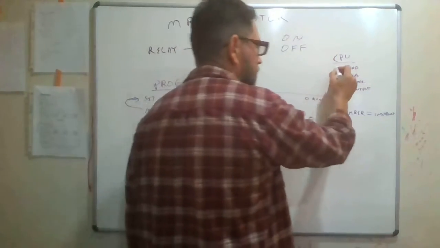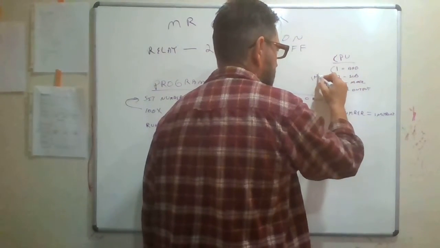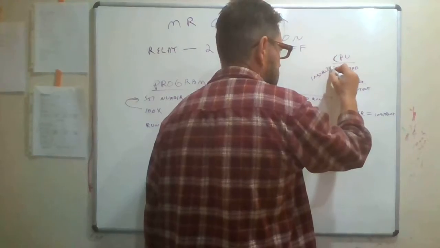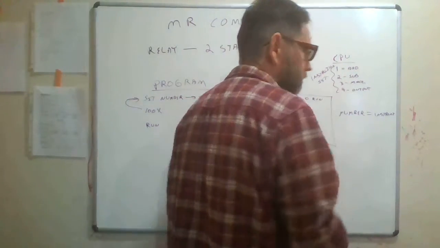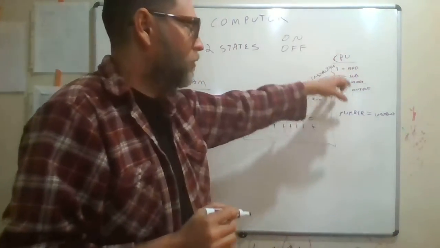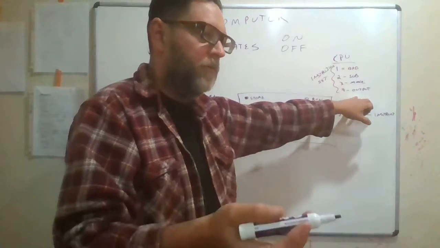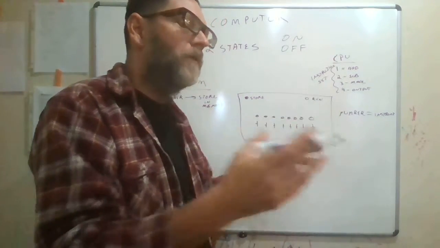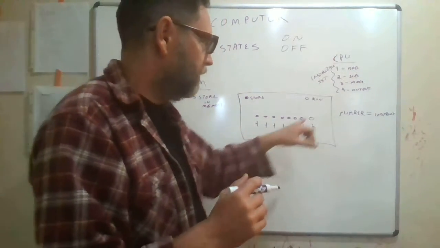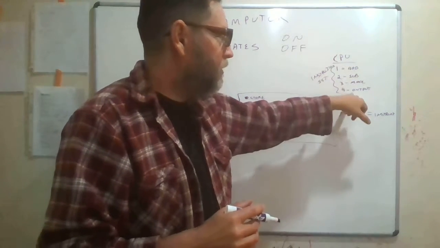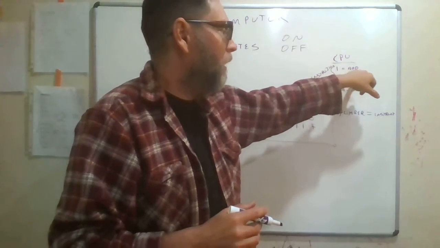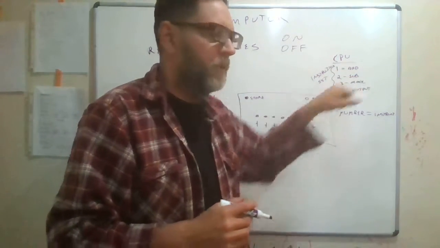This is called an instruction set. This is pre-programmed in the way that the computer's built. I'm not going to go into much detail there. So that the CPU knows when I see this number, I'm going to add something. When I see this number, I'm going to subtract something.